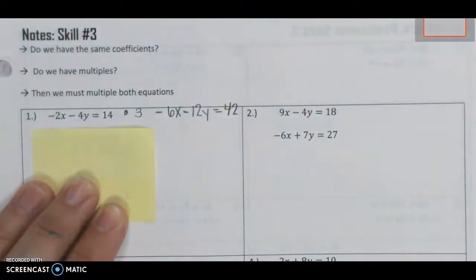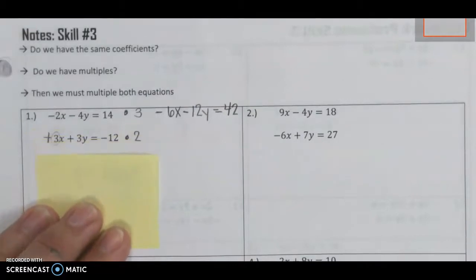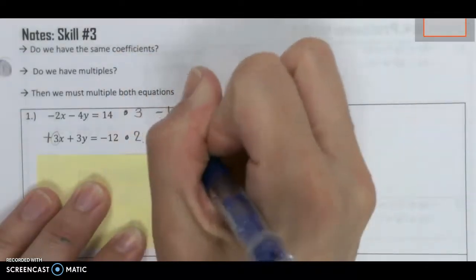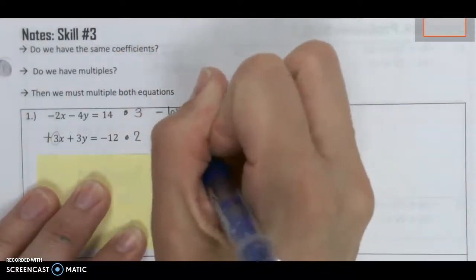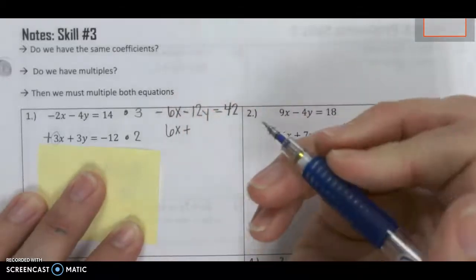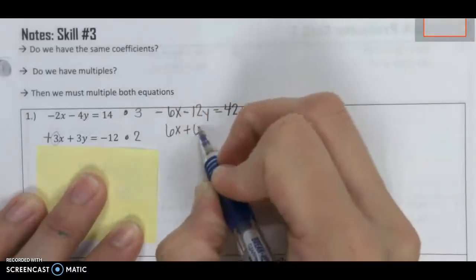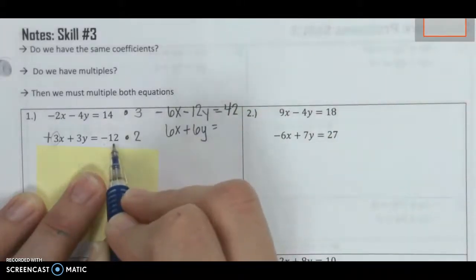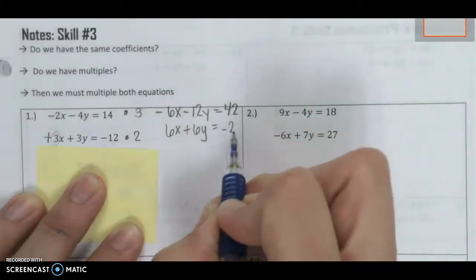Okay, that one's done. Now do this one. 3 times 2 is 6. 3 times 2 is 6. -12 times 2 is -24.